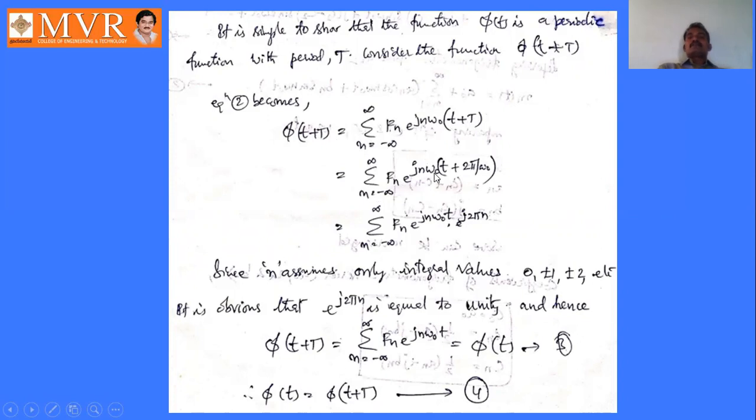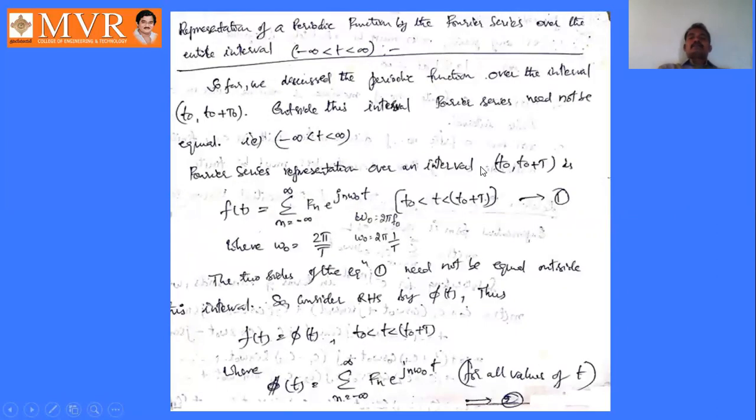So we can write this as sigma n equal to minus infinity to infinity Fn into e power j n omega naught into t plus capital T, where T is nothing but 2 pi by omega naught. Why? Because here we have written omega naught equal to 2 pi by T, or omega naught into T equal to 2 pi, or T equal to 2 pi by omega naught.